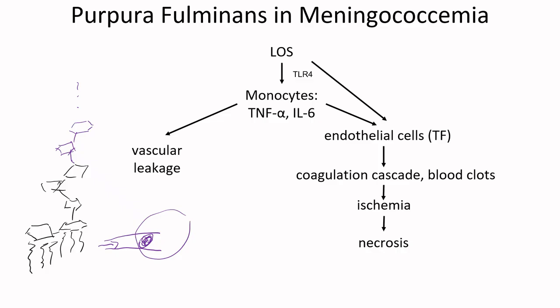Therefore the blood, not just the plasma but also the erythrocytes, can leave the tissue. This is the mechanism underlying the purpura, or purpura fulminans.